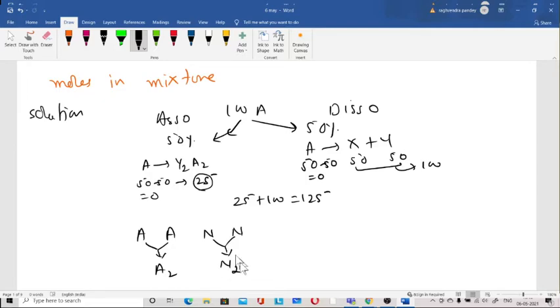Two nitrogen atoms are giving one molecule. Similarly, both of the A are combining to give A2, so 2 is going to give 1. Then 50 is going to give 25.